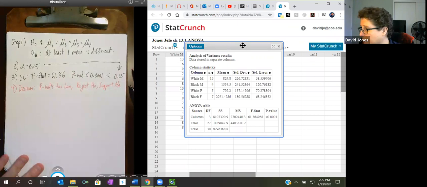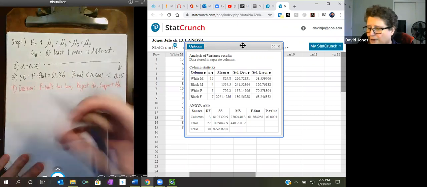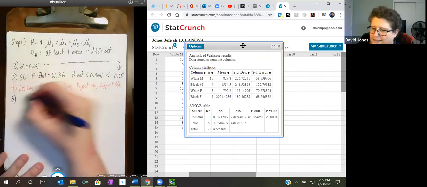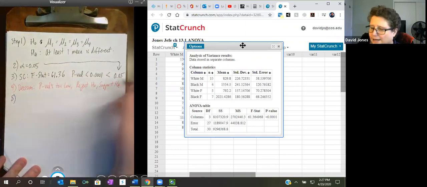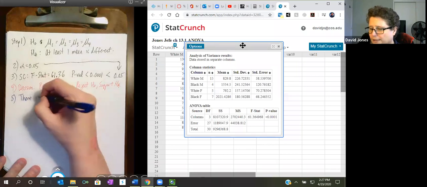I skipped a step. Shame on me. Let's do that, finish the test. We'll go back and do the step. Shame on me. The conclusion is we're supporting HA. There's sufficient evidence to support the claim.